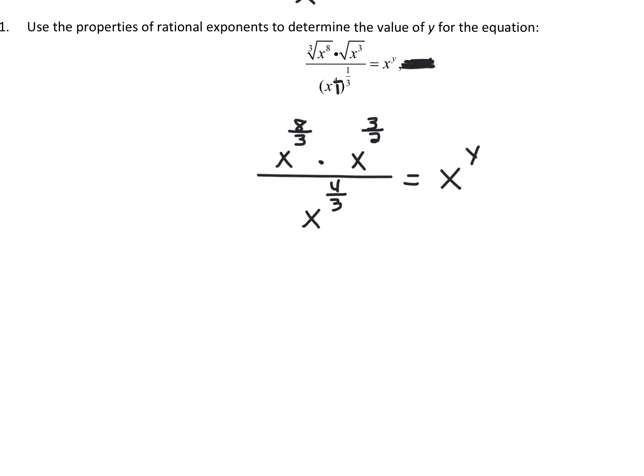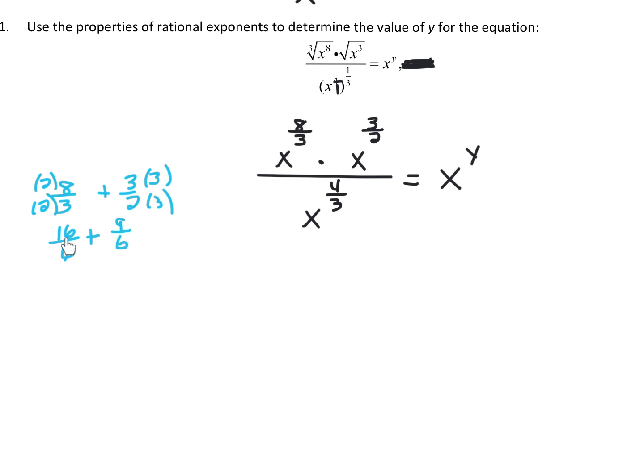I'll show you that off to the side. I'm going to find a common denominator by multiplying the first one by 2 over 2 and the second one by 3 over 3. That way they both have a denominator of 6. So this would be 16/6 plus 9/6.